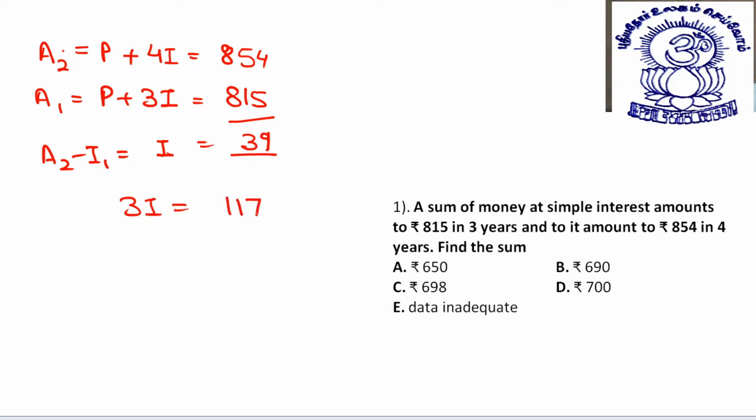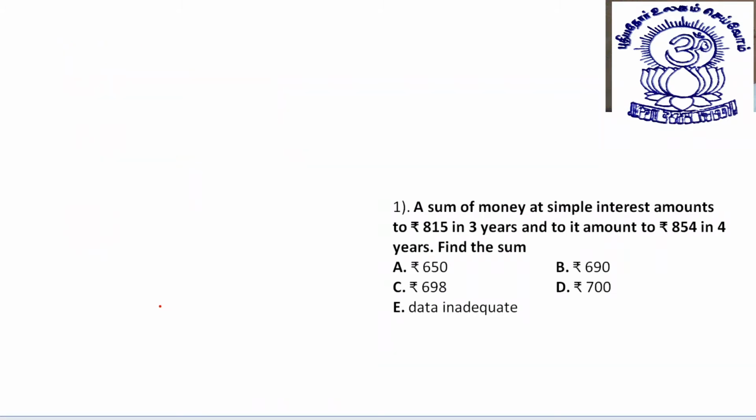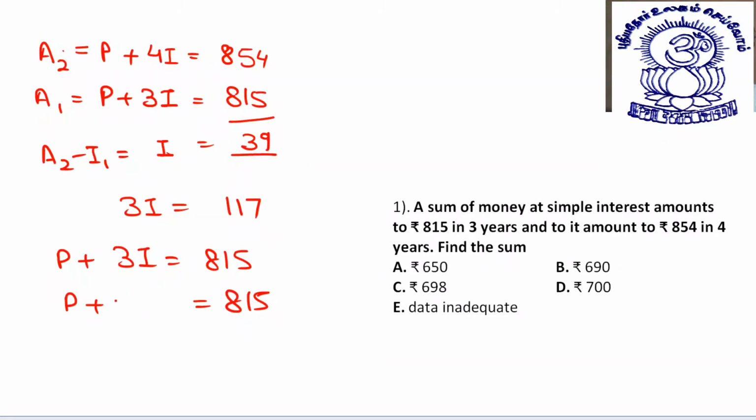3i will be 117. Now we know P plus 3i is equal to 815. That way P plus 117 will be 815. For the sake of convenience, let's write it as 115 plus 2.